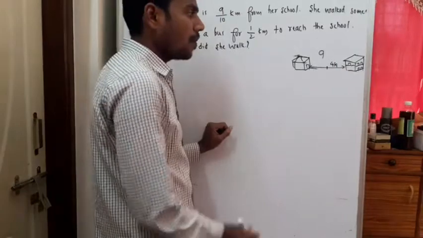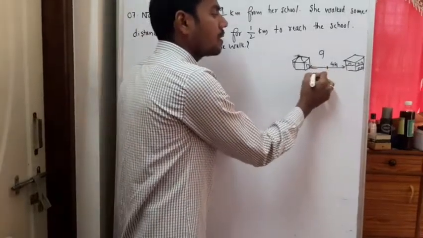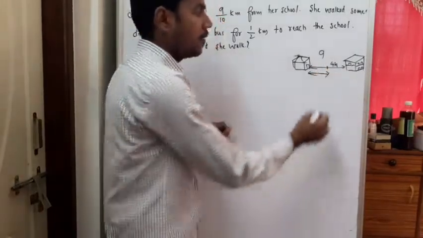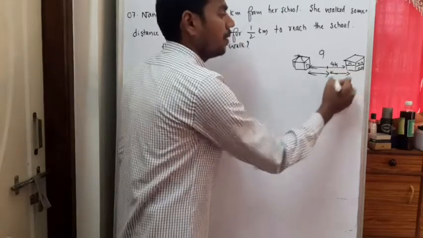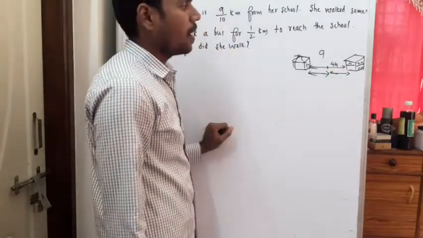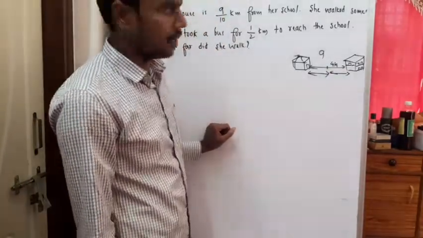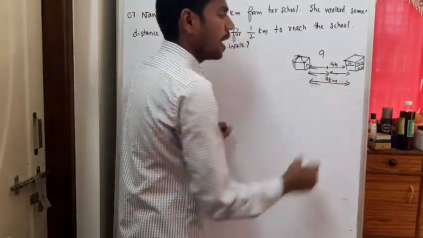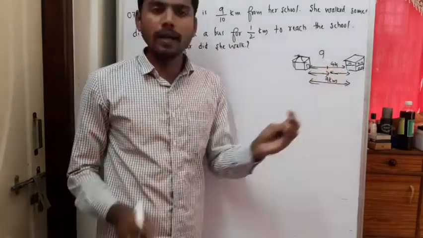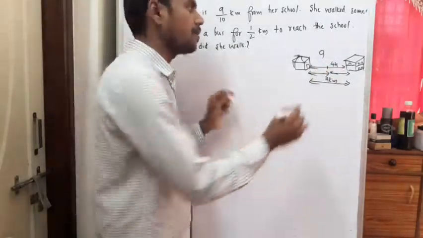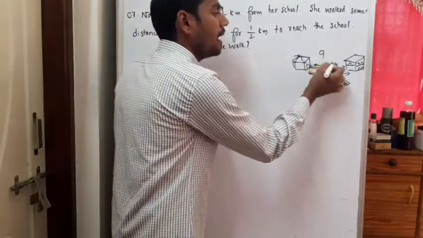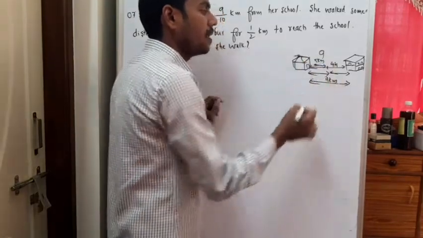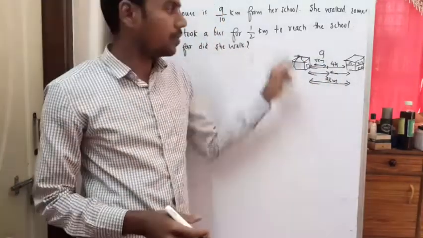Now from here to here you walked some kilometer. And from here to here you went by auto and reached the school, which is 4 kilometer. The total distance is 9 kilometer. By auto you traveled 4 kilometer. What about this? So 9 minus 4, 5 kilometer, right?